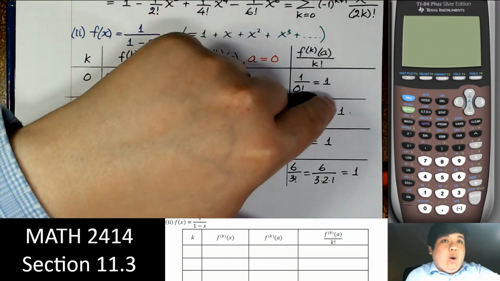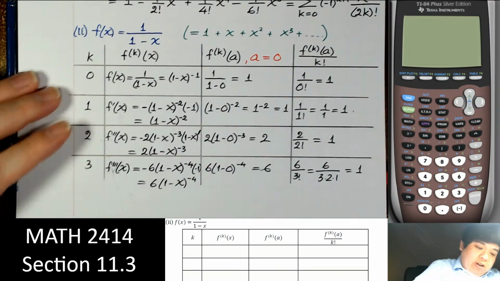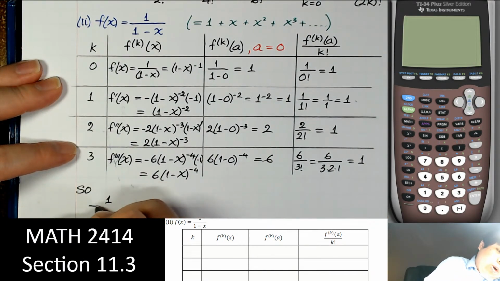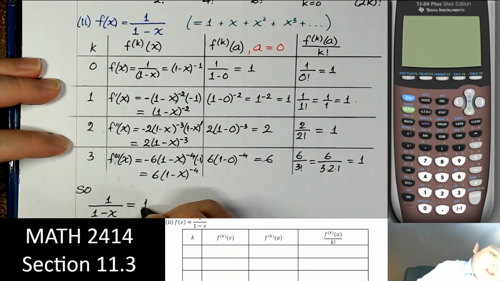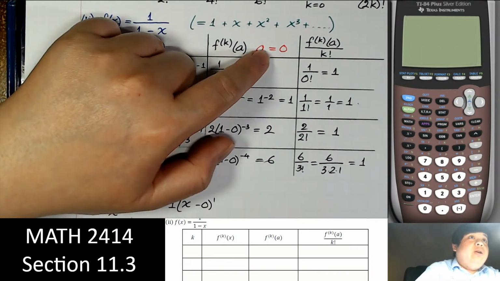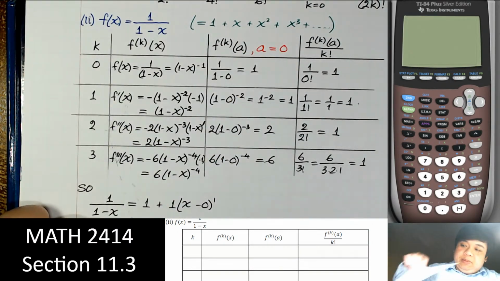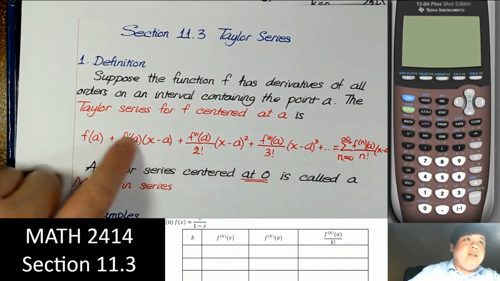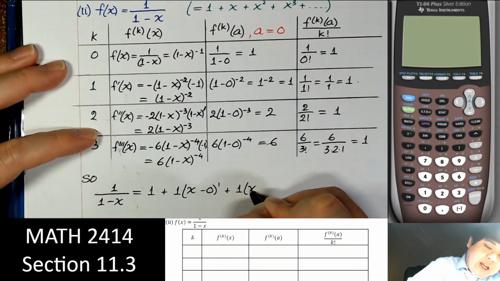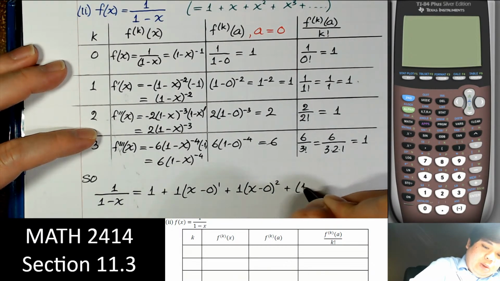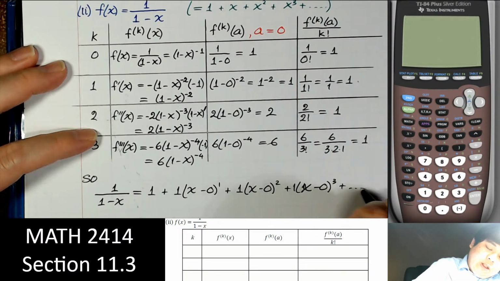So if we keep doing that, all the coefficients will be 1, and therefore 1 over 1 minus x equals 1 plus 1 times x minus 0 to the first, because 0 is a, and the Taylor series is always x minus a to the power, and then plus 1 times x minus 0 squared, 1 times x minus 0 cubed, and continue.